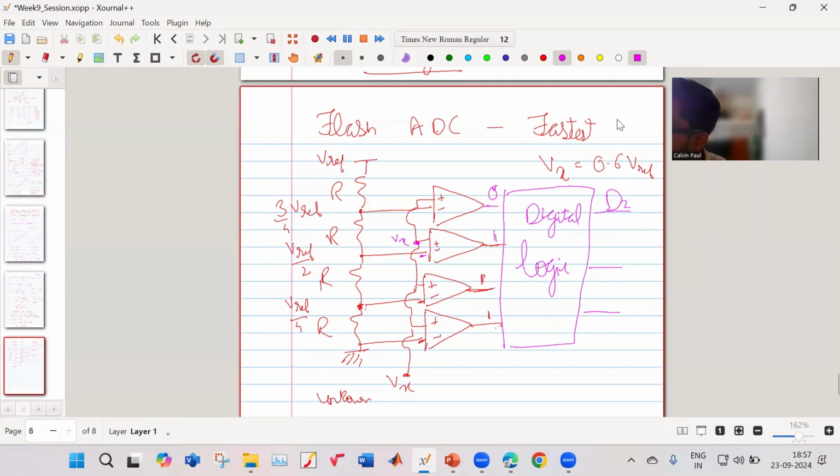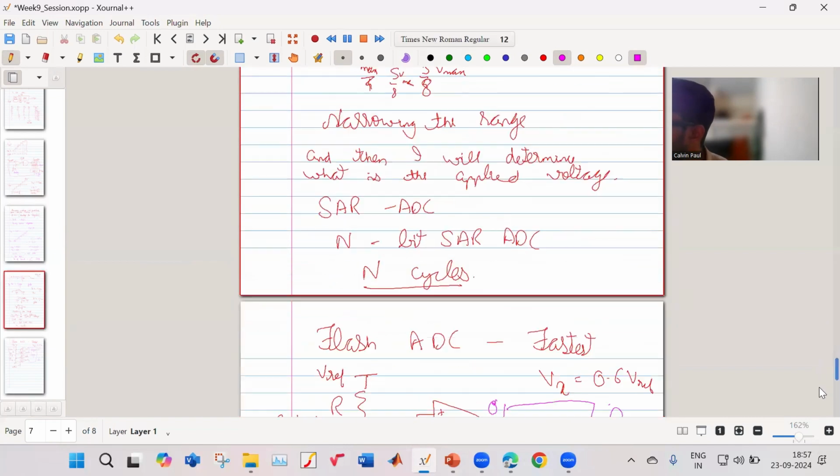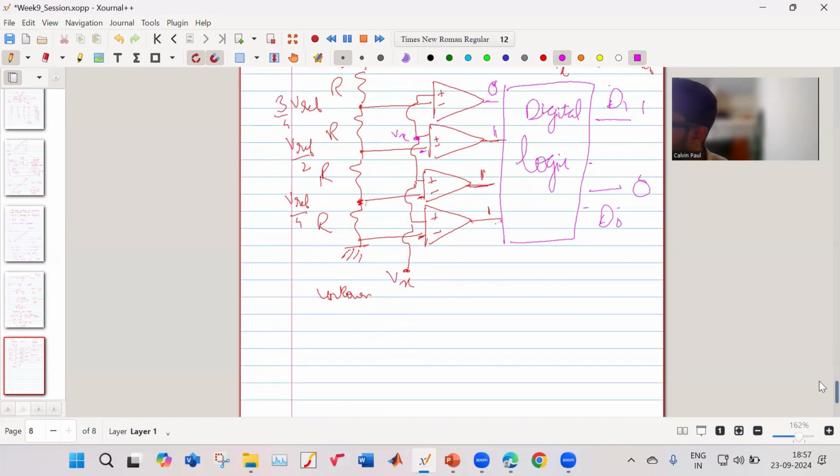This is your D1 and D0. So this should be mapped to some value, let us say with this as your Vx and this as your D1 and D0.